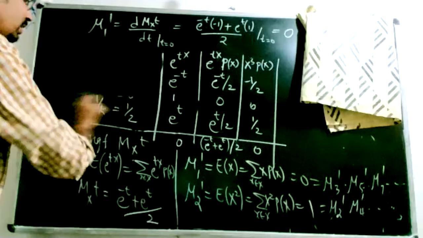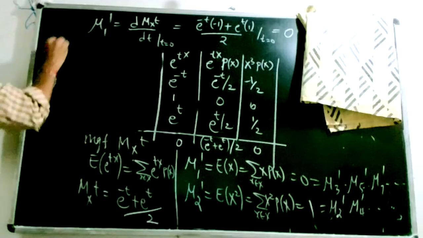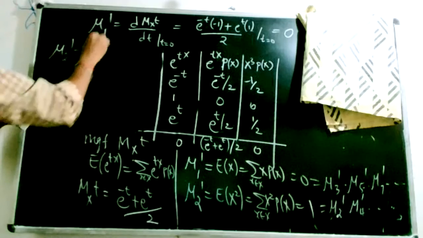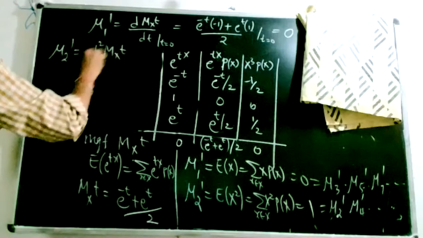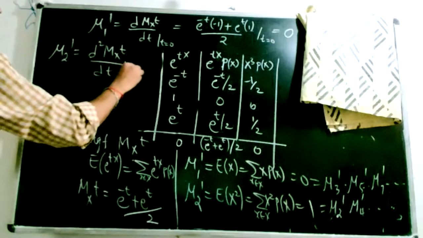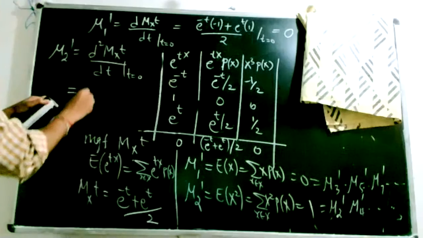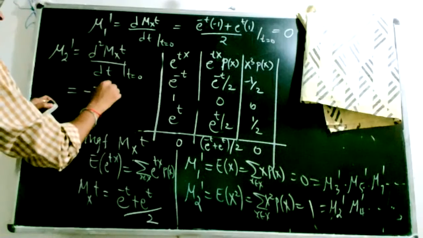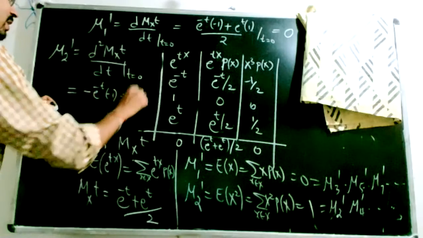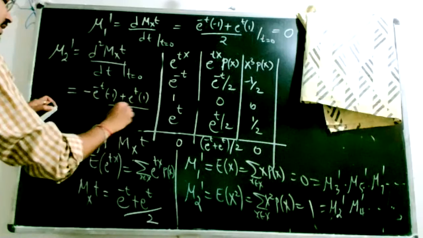Fine. Next, obtaining the second moment, mu2 dash, is the second derivative of the MGF at t equals 0. Now the second derivative is the derivative of the first derivative. So I'll have e power minus t into -1 plus e power t into 1 divided by 2.